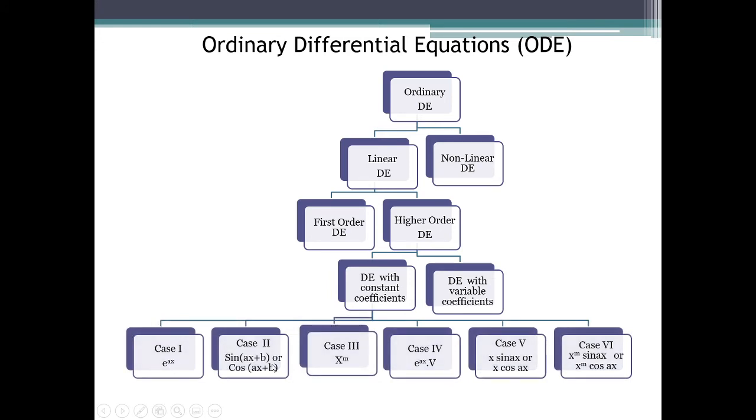Case 1 and case 2 we already discussed in video 1, part 1 of higher order differential equation. Case 3 and case 4 we discussed in the part 2 video. In this video we are going to discuss case number 5 and case number 6.